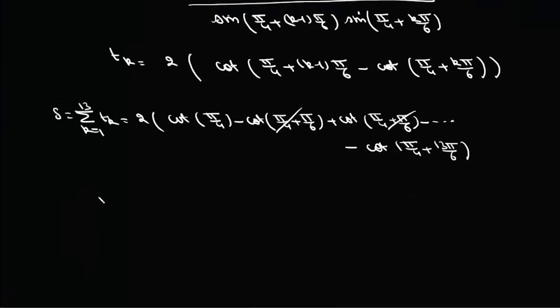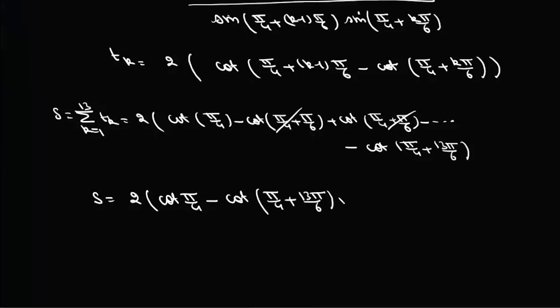So value of this summation will be 2 times cot pi by 4 minus cot of pi by 4 plus 13 pi by 6. Now cot pi by 4 is 1, and 13 pi by 6 is 2 pi plus pi by 6, and after 2 pi, the angle is the same. So this is cot of pi by 4 plus pi by 6.